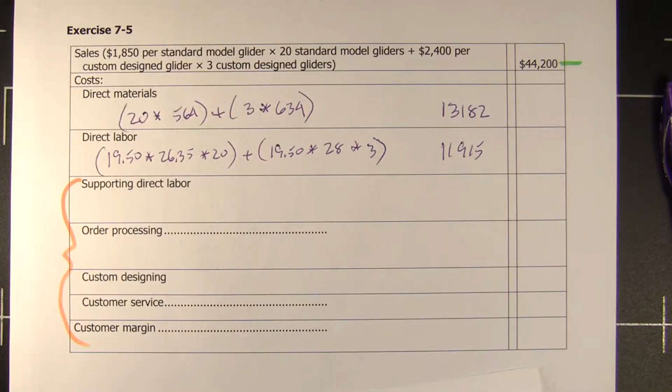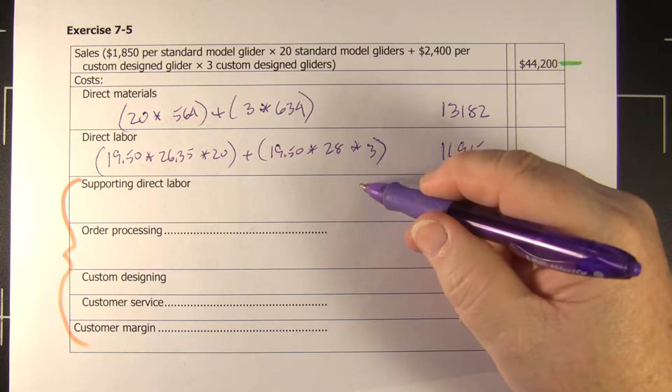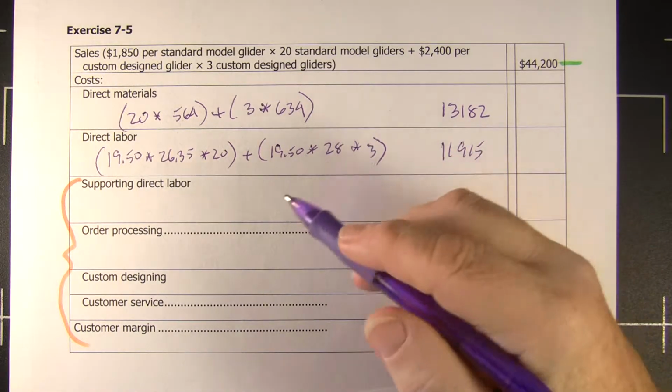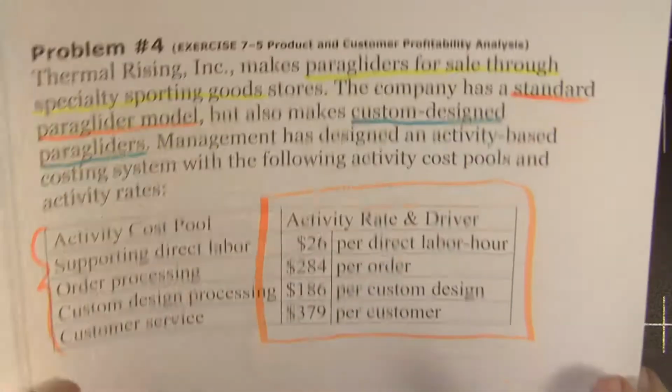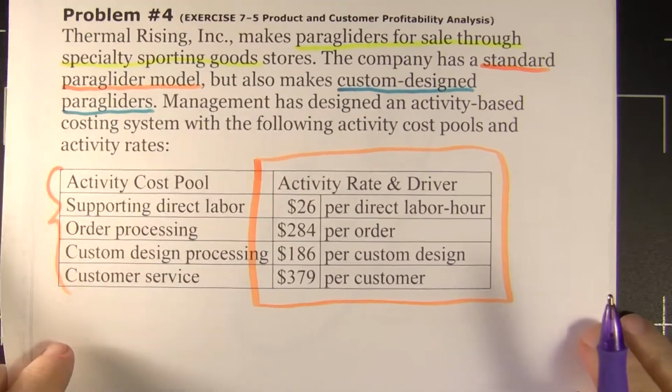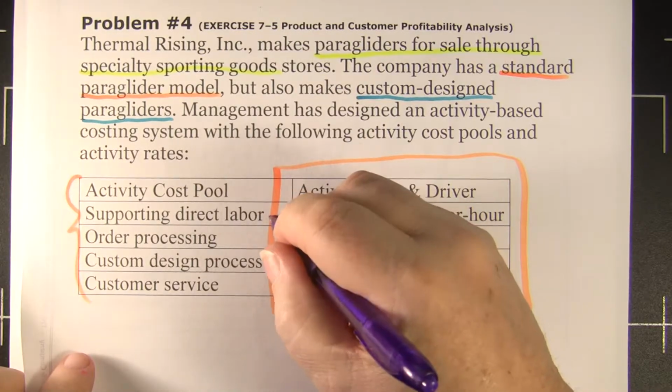So that's the one that's going to have the most computations, that's going to look a lot like this one, okay? Only here, instead of $19.50 what we're paying, we're using our supporting direct labor, which is kind of weird.